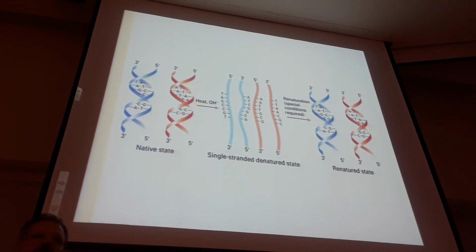So here the native state would be a double-stranded state, but this native state can be destroyed, at least temporarily, by, for example, heating up DNA samples, or also treating DNA samples with certain chemicals, and then we have this strand separation, and we transform our native state to the denatured state. So this is also called denaturation, an analogy to what we could do to proteins.